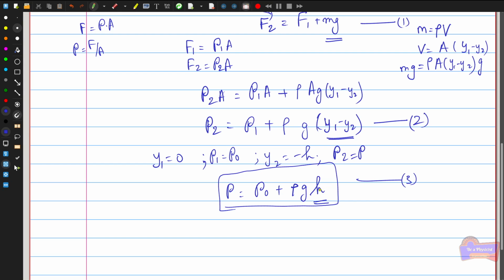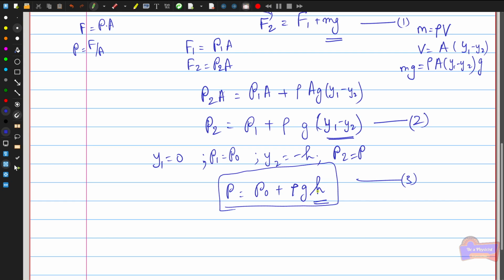So the pressure is only depending upon the vertical depth of the point. Therefore the pressure of the liquid is not depending upon the container it is holding, but only upon the height of the corresponding point.